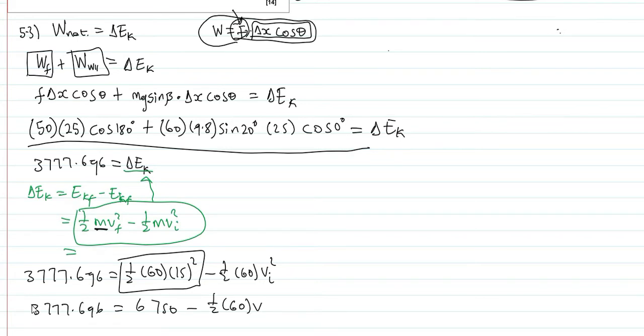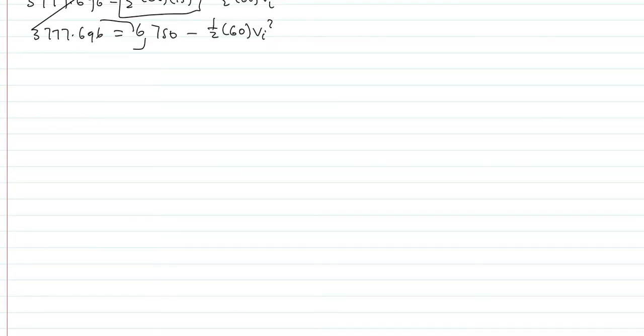Now we want to take this to the other side, so you're going to subtract 6,750. If we subtract this from the other side, you're going to get negative 2972.304. This is going to be equal to, if you divide 60 by 1 over 2, you're going to have 30 v squared initial.